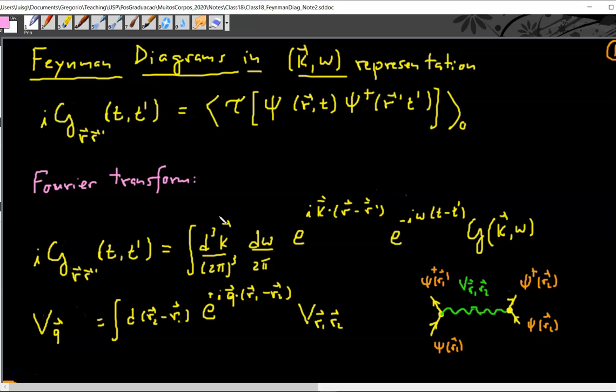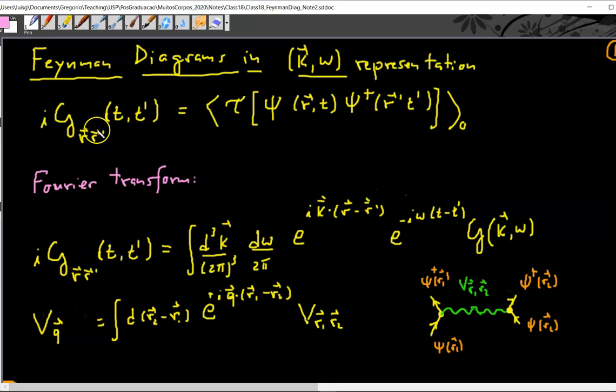Okay, so to finalize, let's talk about Feynman diagrams in momentum and frequency representation, in the momentum and frequency domain. So far we have been talking about time-ordered Green's functions like this one, where you propagate from t' to t from a given state m, I put here, and a given other state k. But of course you can use the representation in coordinate space, right?